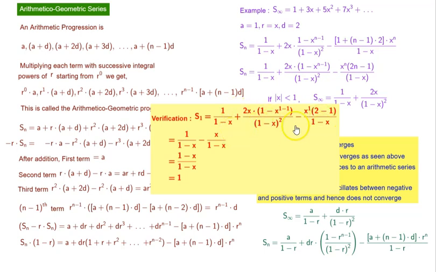So I have basically substituted the value of n as 1. Now 1 by 1 minus x plus this, what happens? Here x to the power of 1 minus 1 is x to the power of 0. Anything to the power of 0 is 1. 1 minus 1 is 0. Which means the second term disappears. And we have 2 minus 1, 1. So x by 1 minus x. Denominators are same. So we can directly say 1 minus x plus x by 1 minus x. Cancelling these two, we get 1.